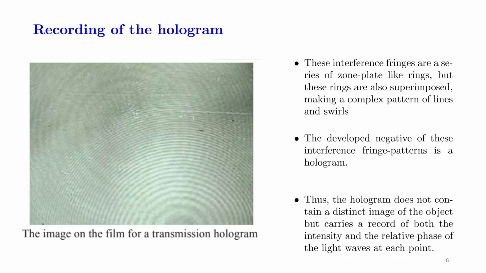But these rings are also superimposed, making a complex pattern of lines and swirls. The developed negative of these interference fringe patterns is known as a hologram. Thus, the hologram does not contain a distinct image of the object but carries a record of both the intensity and the relative phase of the light wave at each point.